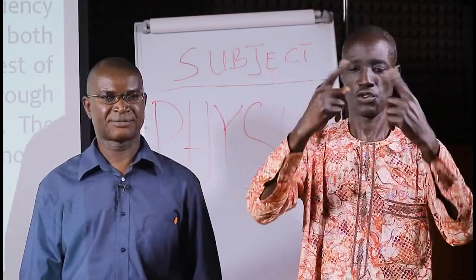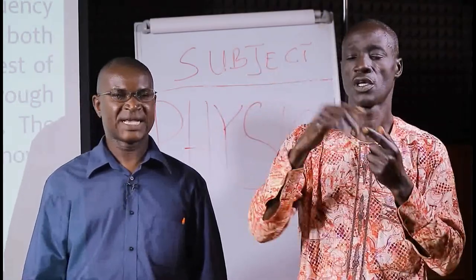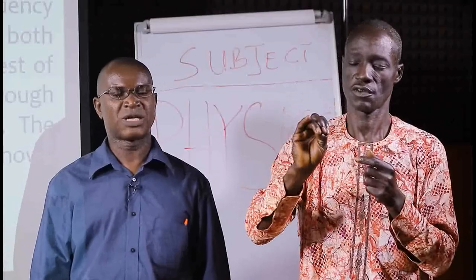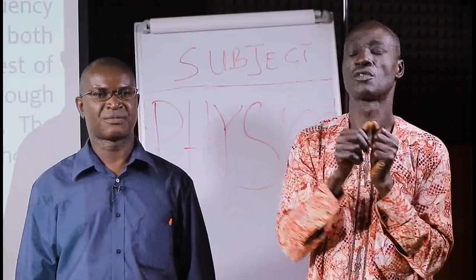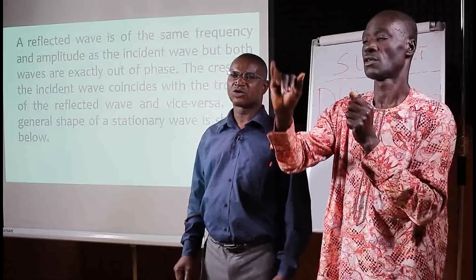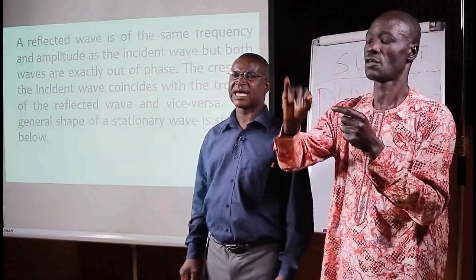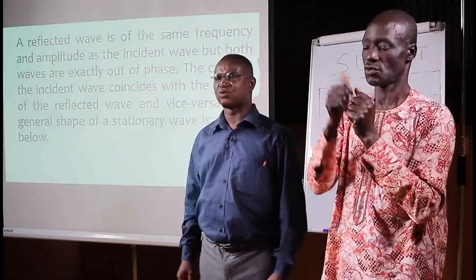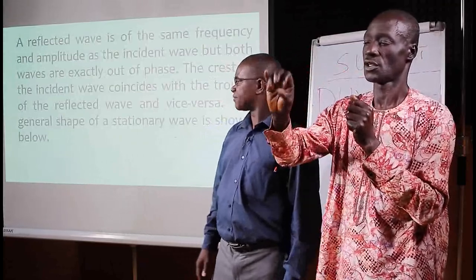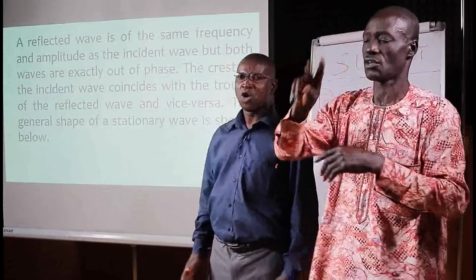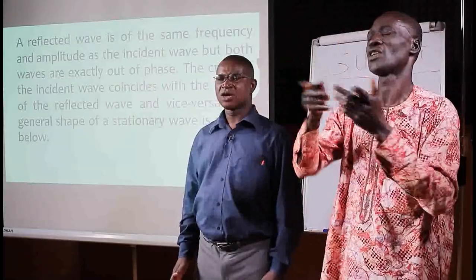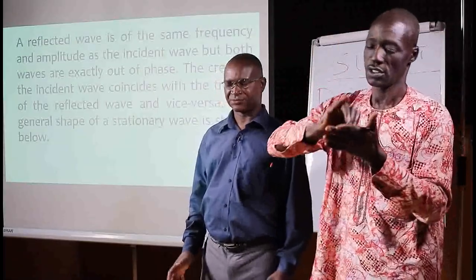When the crest of the incident wave coincides with the trough of the reflected wave, or when the trough of the incident wave coincides with the crest of the reflected wave, we say they are out of phase. And that's exactly what happens when a stationary or standing wave is formed.